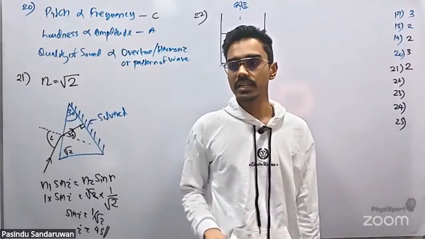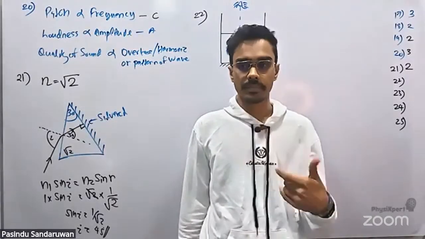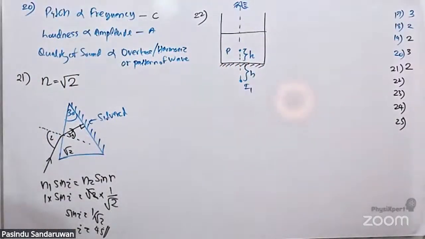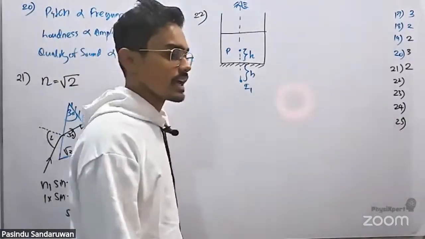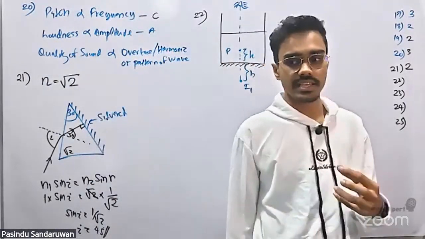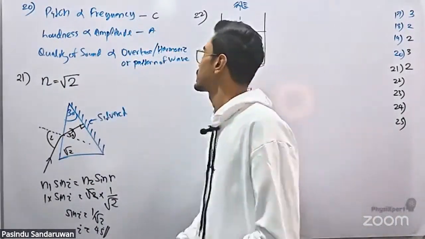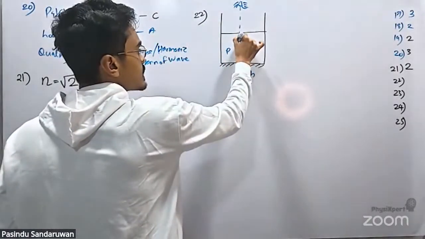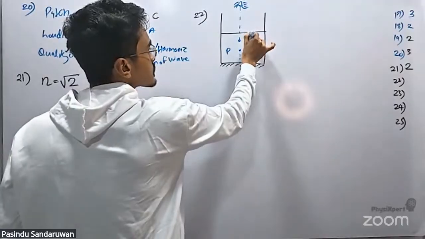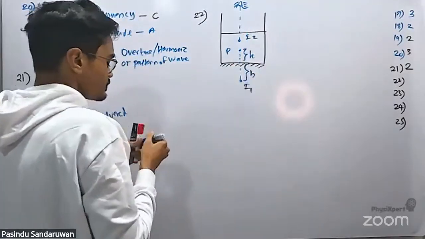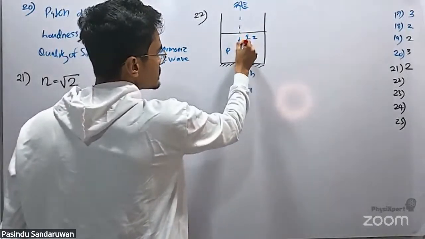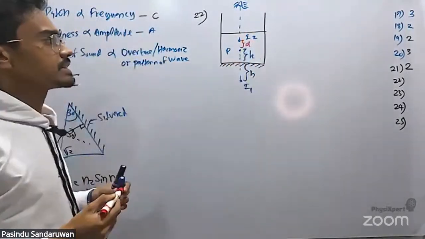So he will see an apparent depth. If this is here, that image will be somewhere here. Let's say I2. And this is called the apparent displacement, D.